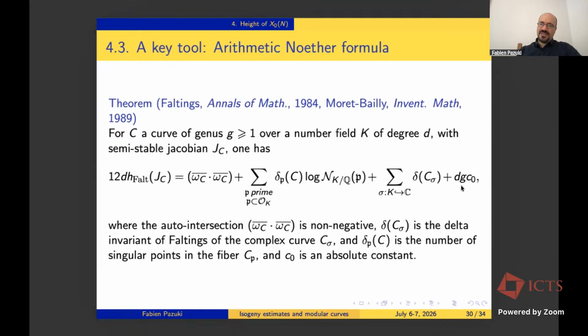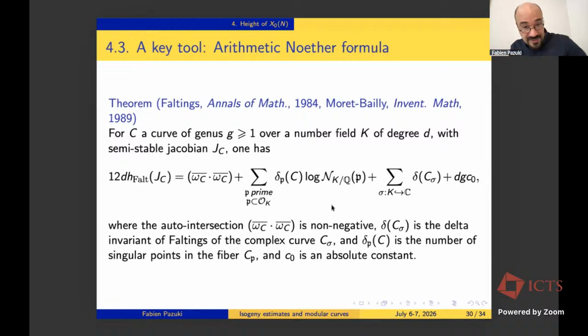But it is important to keep track of what's happening here if you are interested in families of Jacobians, because g is the dimension of the Jacobian, the genus of C. So if you have a family where the genus grows, suddenly your little term that was considered an error term is also moving. You need to be careful that it stays in the error term. So it's important to keep track of that.